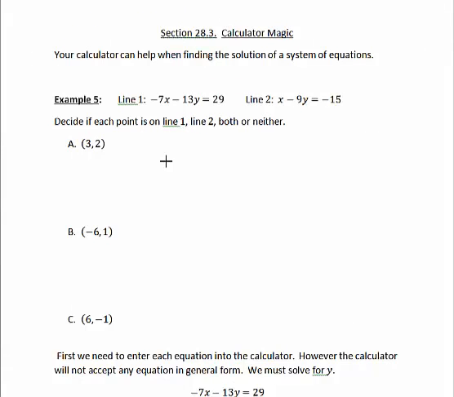Alright, for this next example, what we're going to do is use our calculator to decide whether these ordered pairs satisfy line 1, line 2, both, or neither.